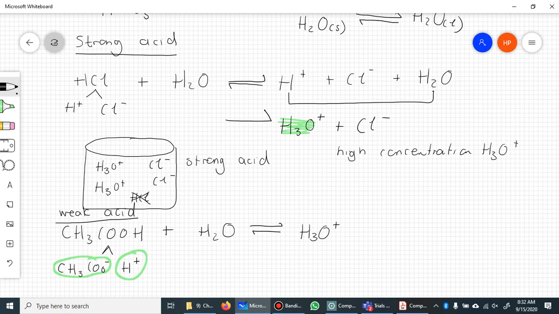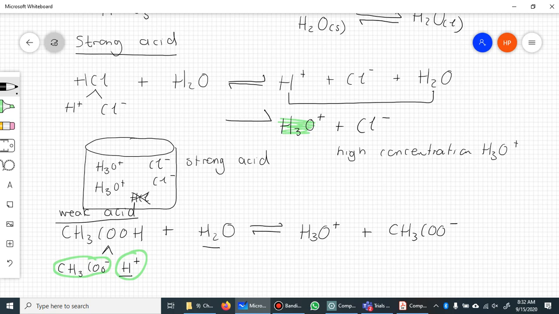We're just going to say this is going to bond with this straight away and form hydronium. Plus, what is this ion called again? The CH3COO minus. Think about the acid's name and then the ion's name. So acetic acid, the ion is acetate. Yes, it's the acetate ion. So this is what forms here.